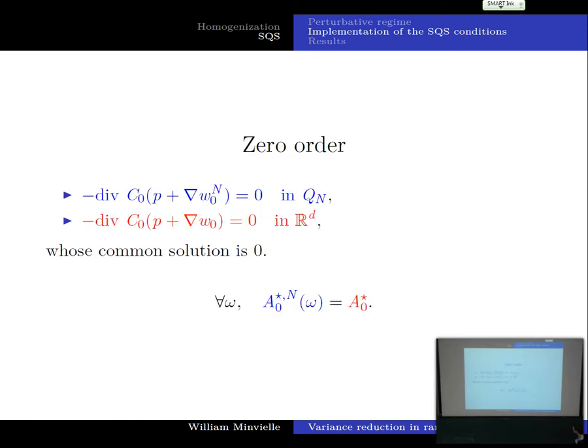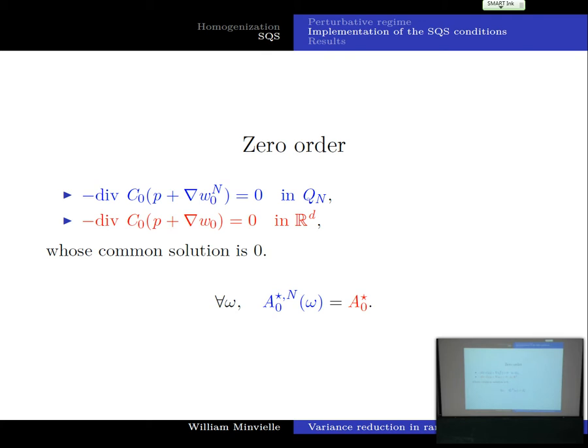So let's see the zero-order condition, because there's some kind of logic which helps the understanding. I've got this equation, which I put back to you from before. This equation is for the expansion of the corrector, and it will help me construct this guy. The periodic solution of this equation is 0 up to a constant, because C is a constant. So I know that 0 is a solution.